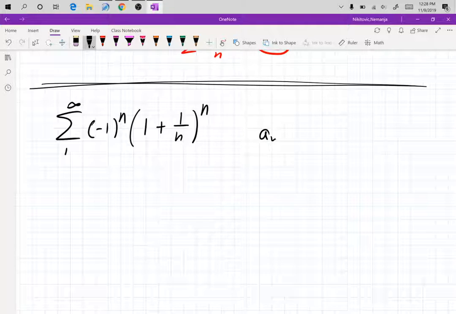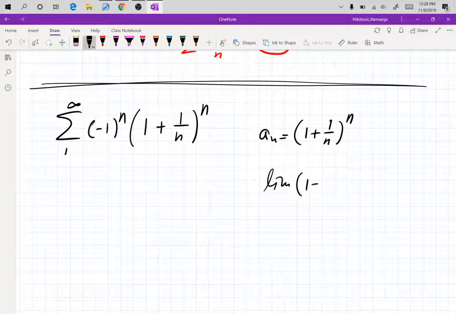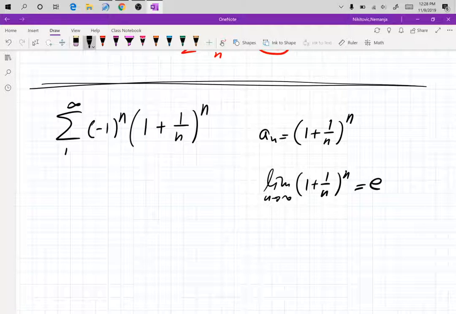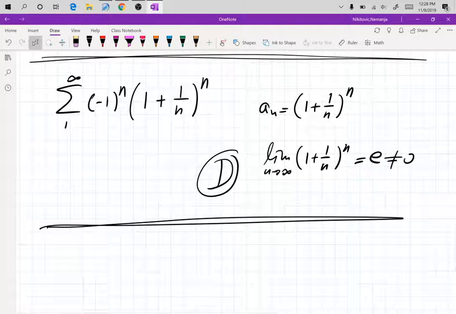So our a_n is (1 plus 1 over n)^n, and the limit of (1 plus 1 over n)^n is e, and that's different than 0. We're done. So this problem dies quickly, right?